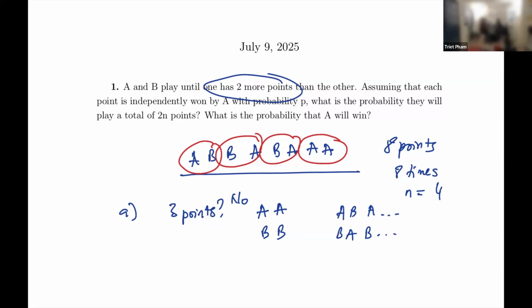What would the answer be? Any suggestion?